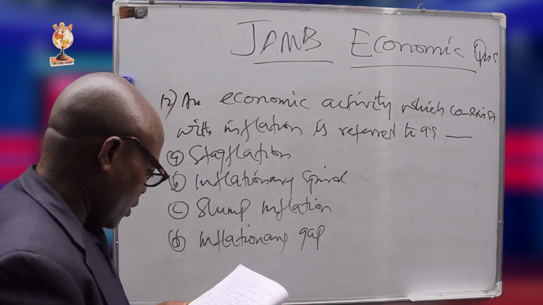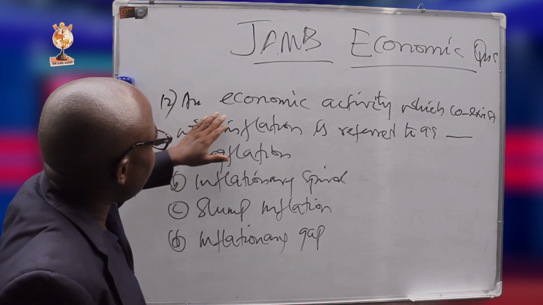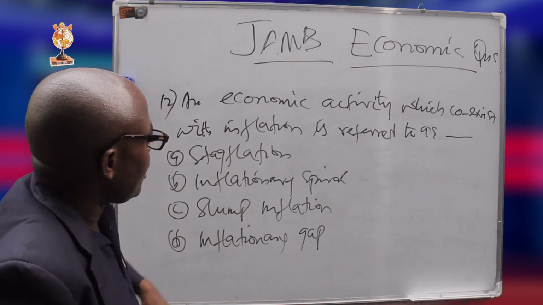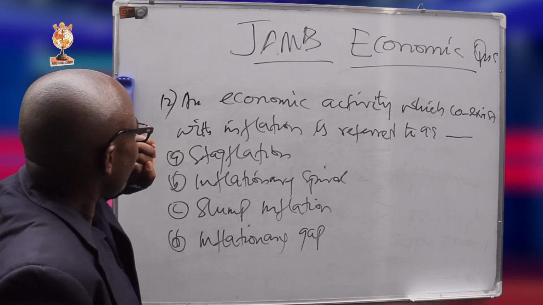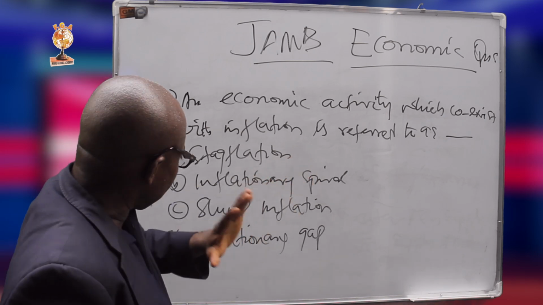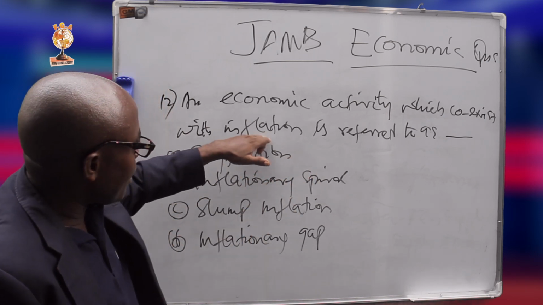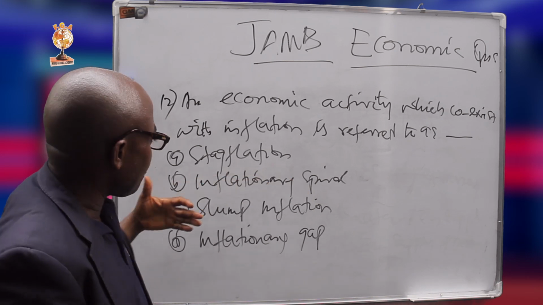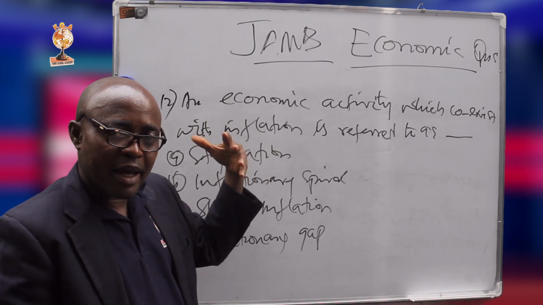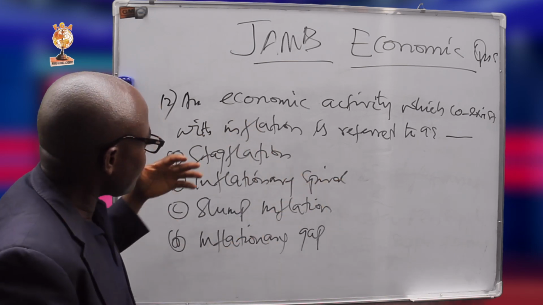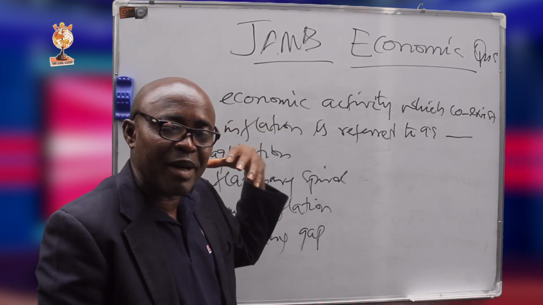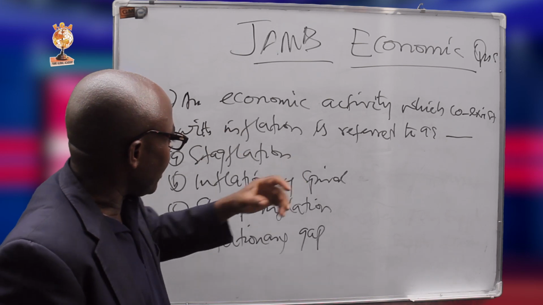Now, the next question here is: an economic activity which coexists with inflation is referred to as dash. By the word inflation, we are talking about an increase in the circulation of plenty of money in the market, whereby you have plenty of demand pursuing plenty of money in the market.